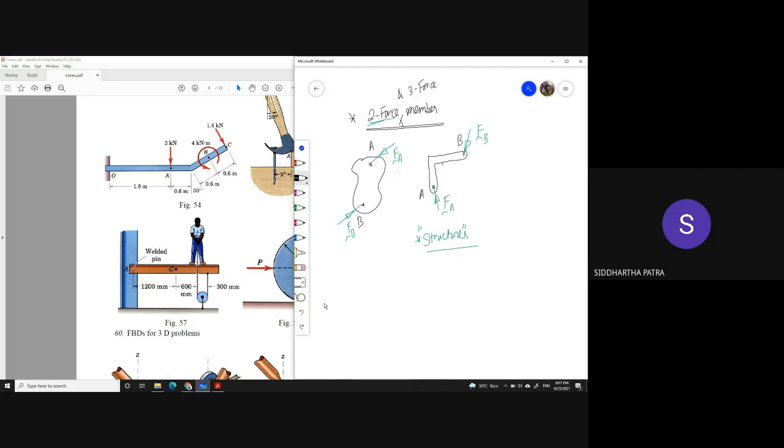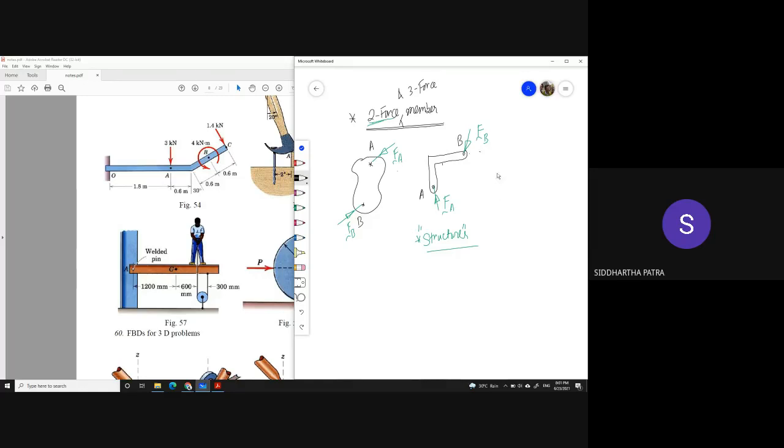Now, the two forces at A and B could be arbitrary. But when you are identifying a two force member in an equilibrium problem, the forces at A and B are not arbitrary.